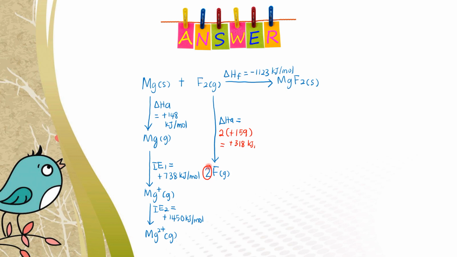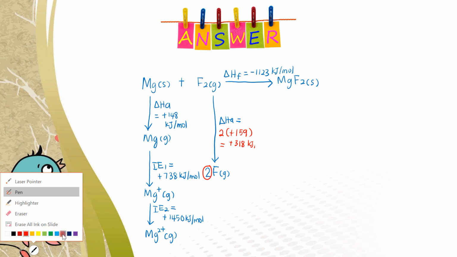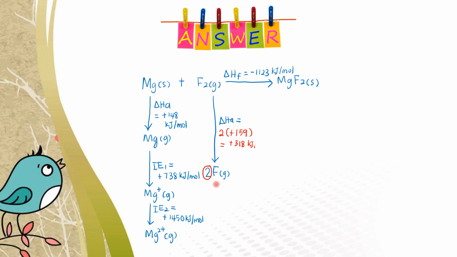The data given in the question is only for 1 mole of fluorine atom in gas. After becoming fluorine atom, it becomes fluorine ions, F minus gas. We have to balance, so times 2, and this is what we call EA.